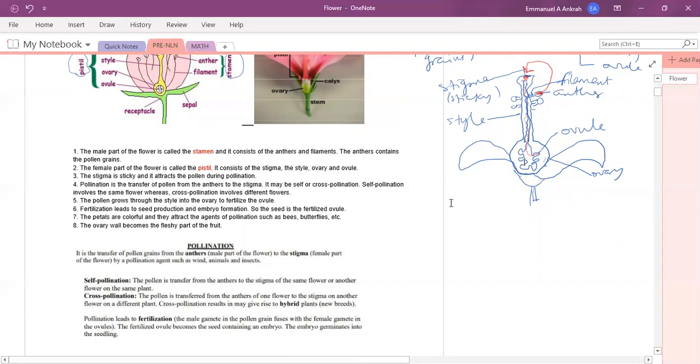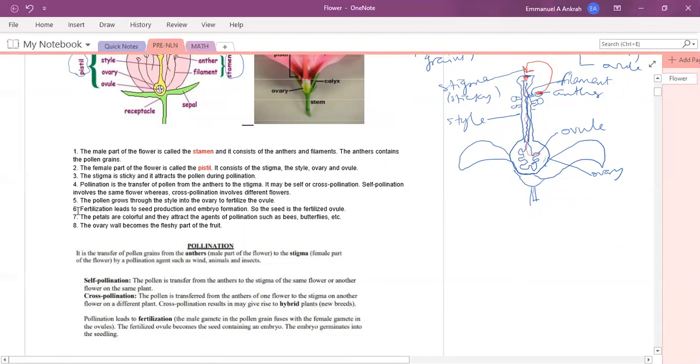But when it involves different flowers, let's say from one flower to another plant somewhere, that would be cross pollination, okay, or different flowers.